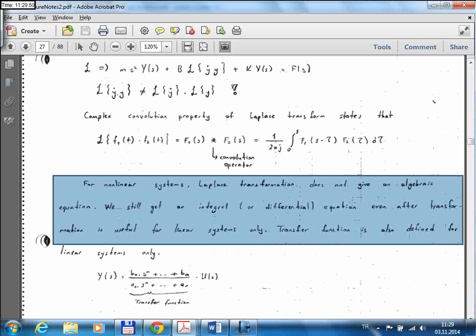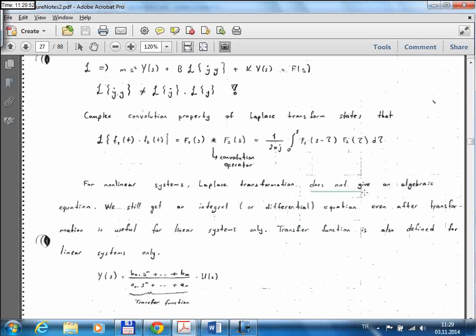For nonlinear systems, the Laplace transformation does not give an algebraic equation. We still get an integral or differential equation even after transformation. That's why the Laplace transformation is useful for linear systems only, and similarly, the transfer function is also defined for linear systems only.